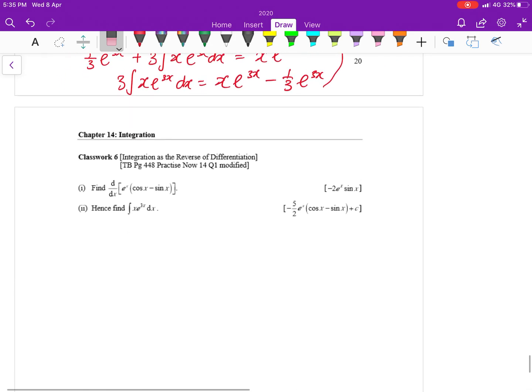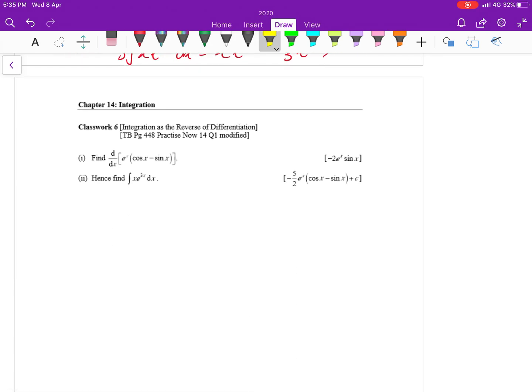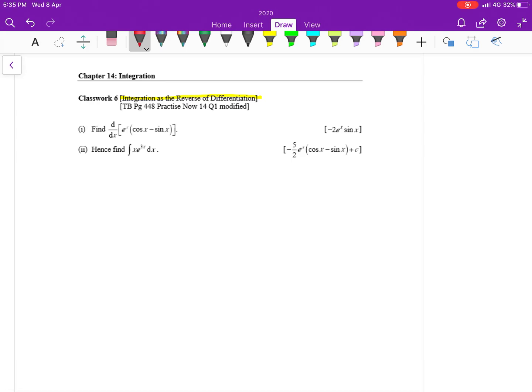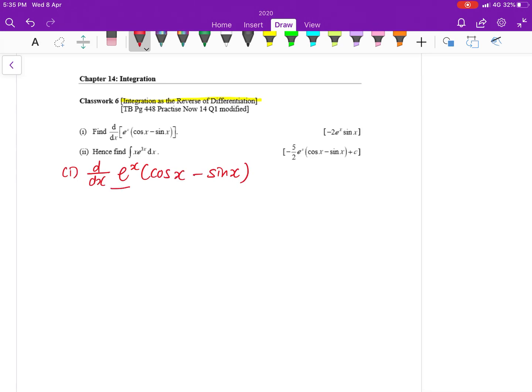Okay, next question. Similar question. Integration as the reverse of differentiation. Let's try part 1. Differentiate this. This will be product rule again.